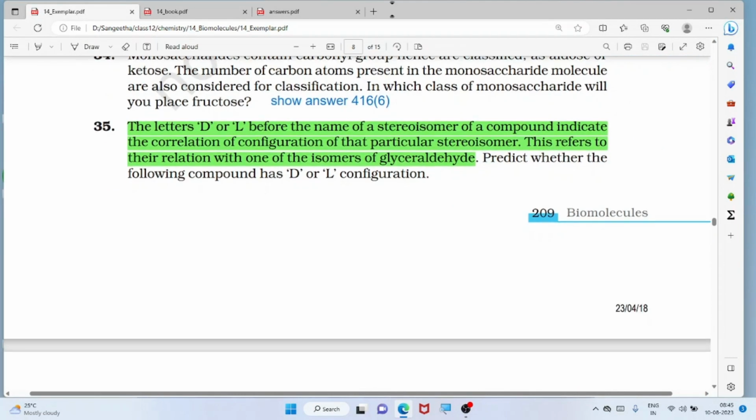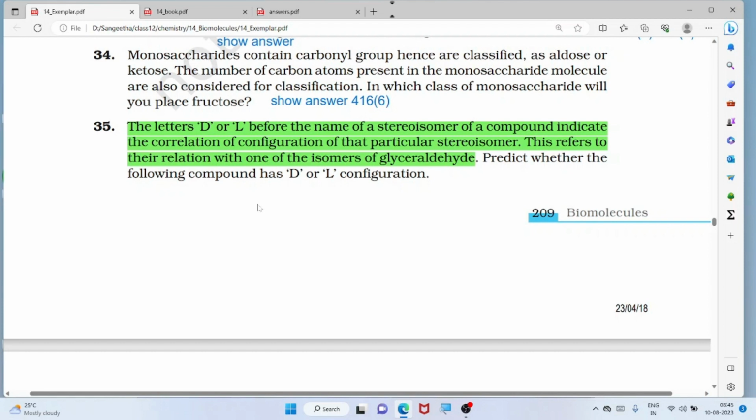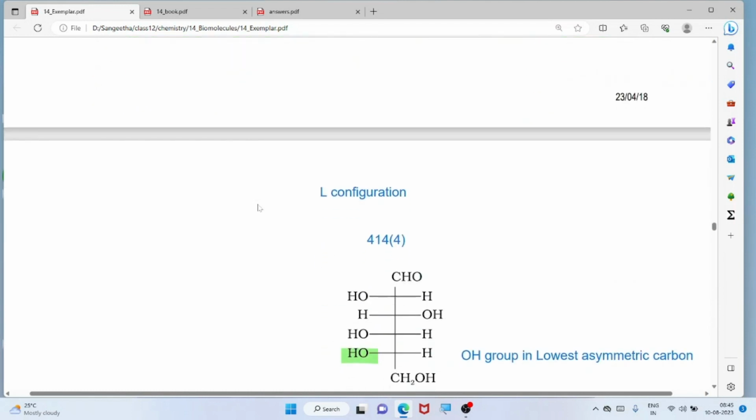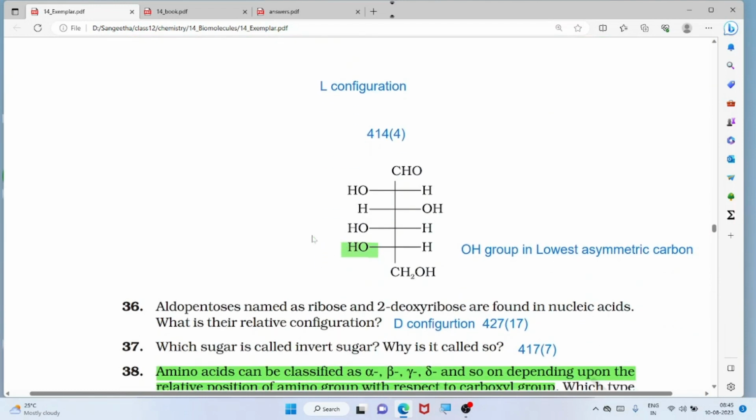The letters D and L before the stereoisomer indicate the correlation of the configuration of the particular stereoisomer. This refers to the relation with one of the isomers of glyceraldehyde. Predict whether the following compounds are D or L. D means the hydroxyl group of the last asymmetric carbon is on the right side. This is L configuration. For D configuration it is on the right side, L is on the left side.